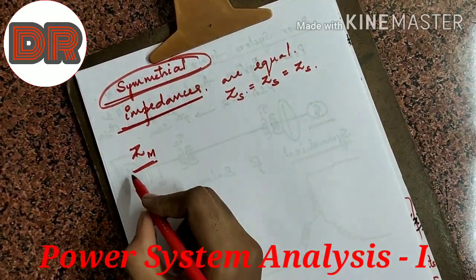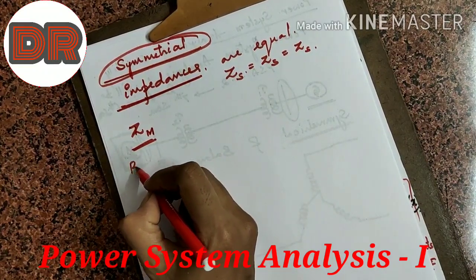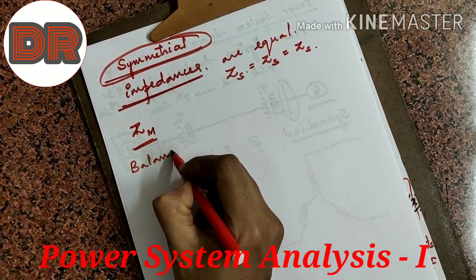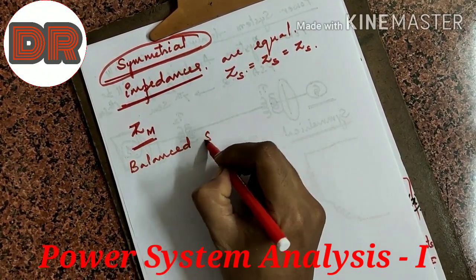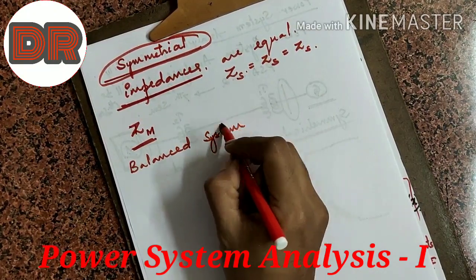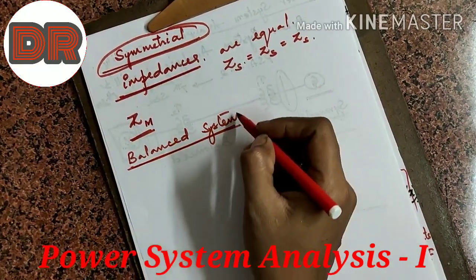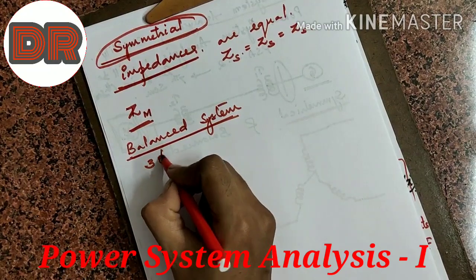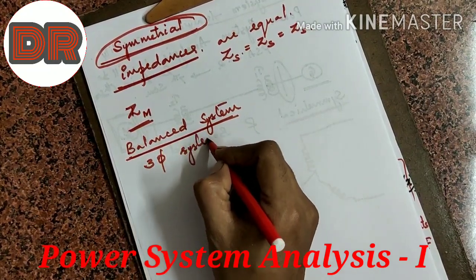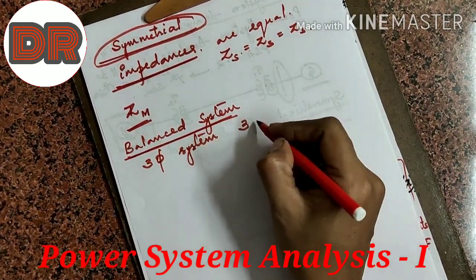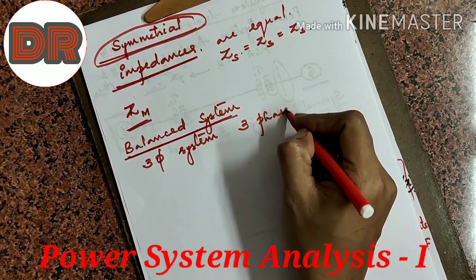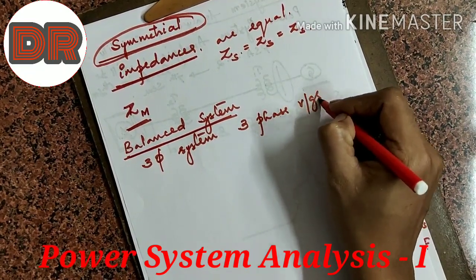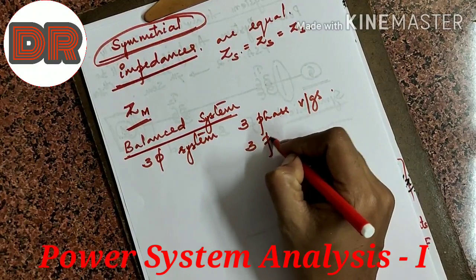The second definition we have to see is the balanced network or balanced system. You know that in a three-phase system we have three phase voltages and three phase currents.